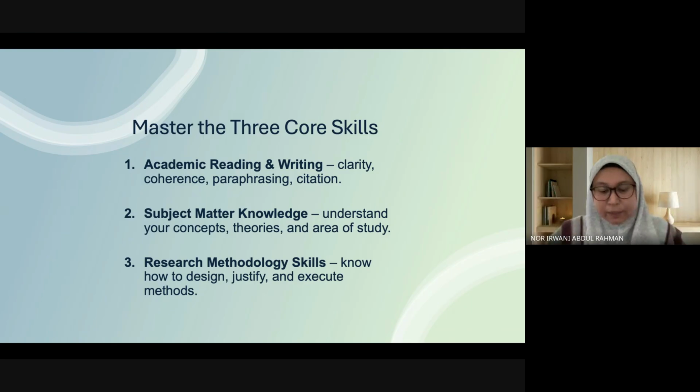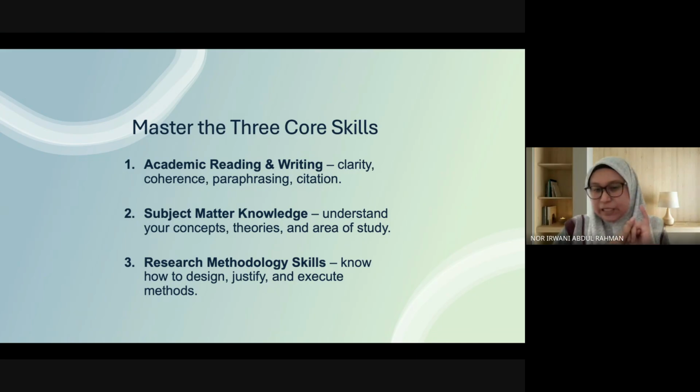The exercise of the report is reading and writing. In academic writing, we seek clarity, alignment, coherence, paraphrasing, and valid citation.